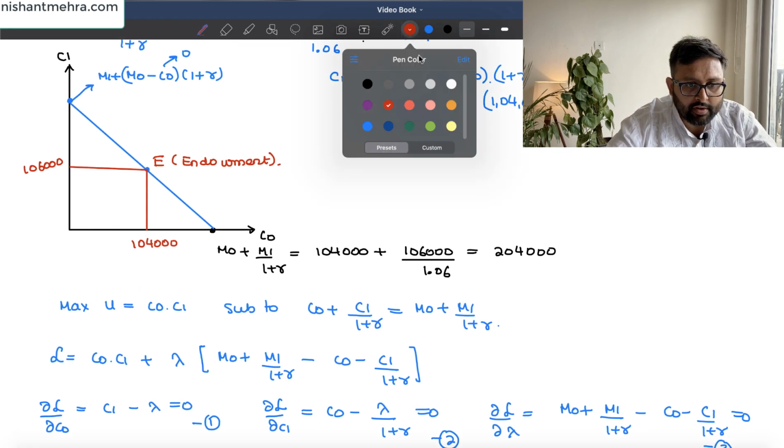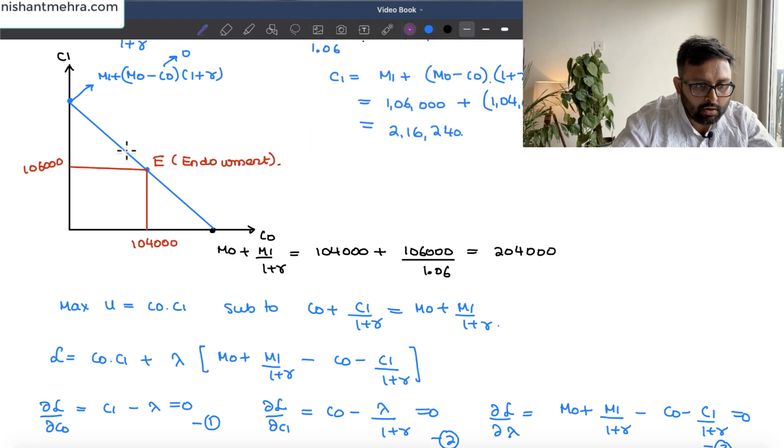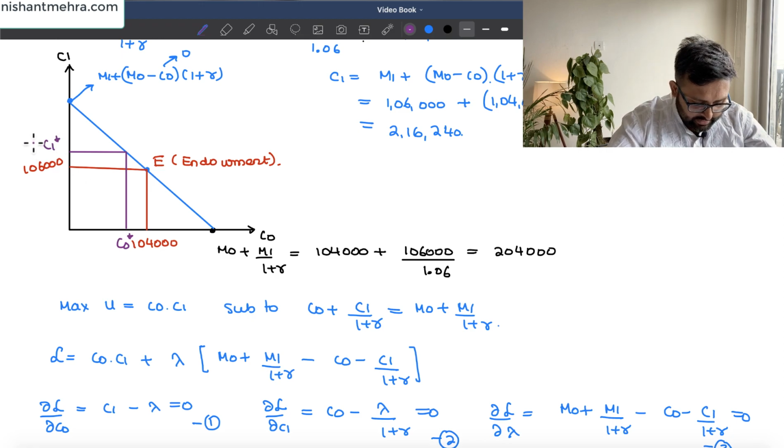So basically what you have is this. You are consuming a little less today and a little more tomorrow. So C0 star is less than your income today, and C1 star is a little more than what you have tomorrow.